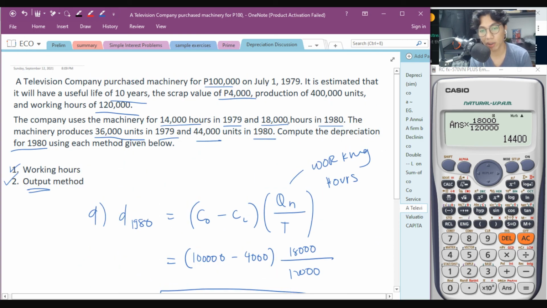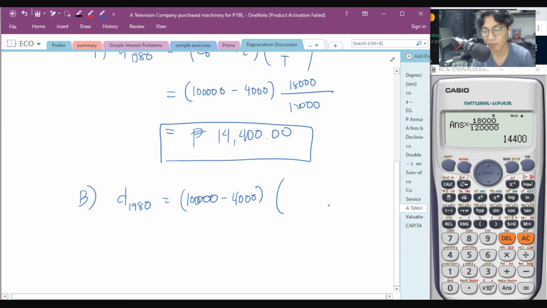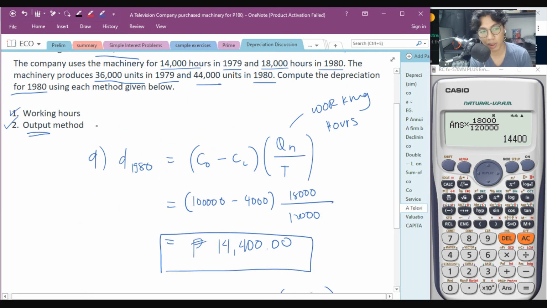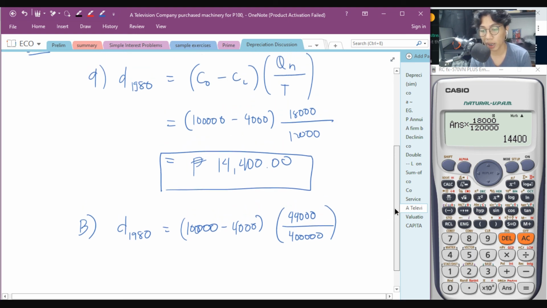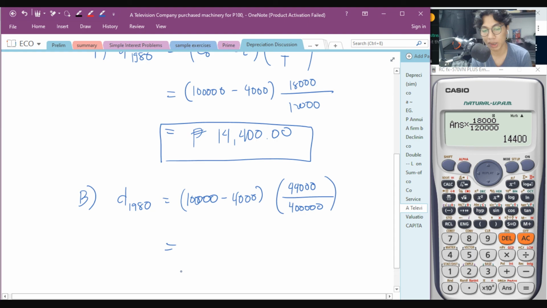So, binigay dito at 1980, the production of units is 44,000 and the rated production of units of the machine for its entire life is 400,000. Tapos, dito is 44,000. Okay. Depende yan. Dito, yung sinabing working hours, so working hours yung binasihan natin. Tsaka yung total rated hours. Dito naman, yung output method, binasihan natin yung output method on that year and the output nung whole entire life.